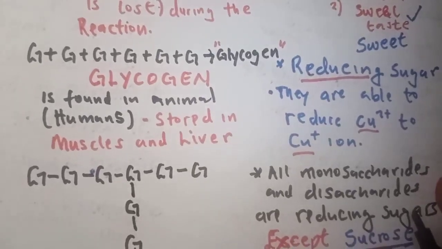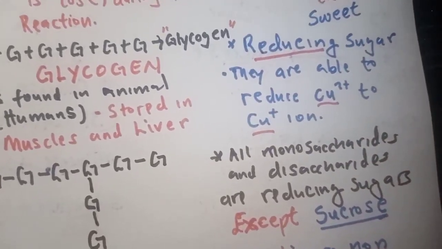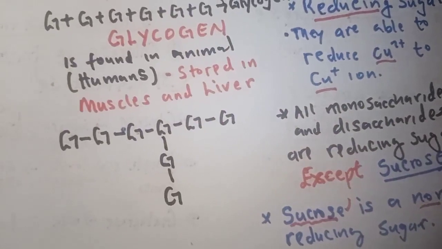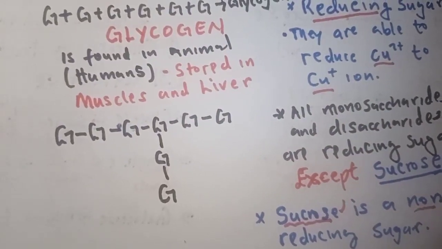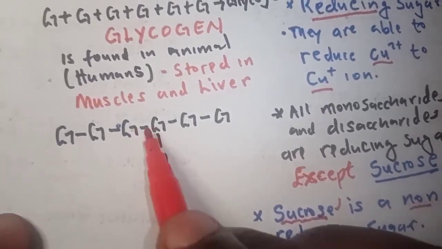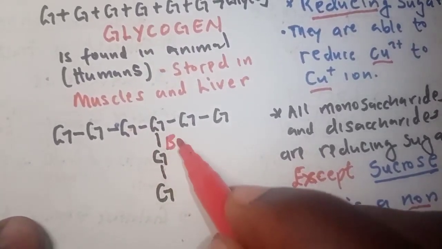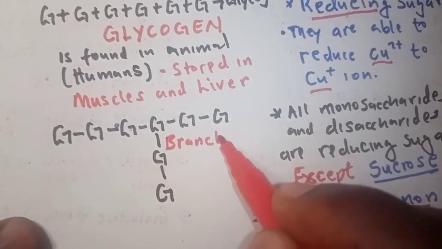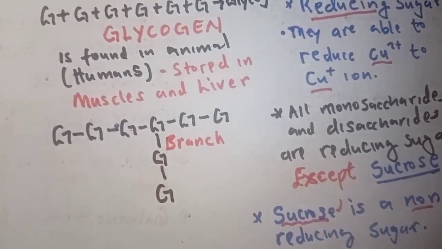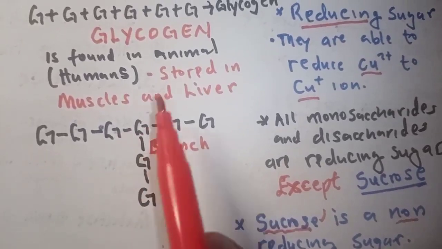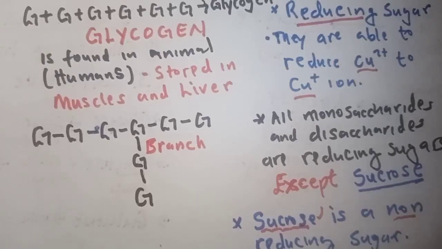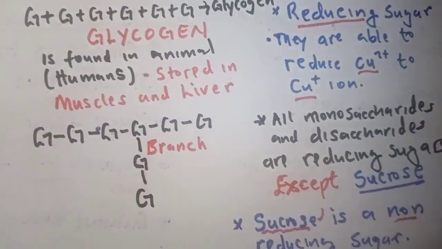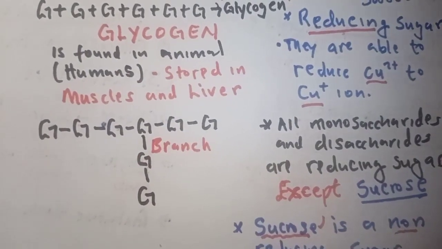It has branched here. So that is how you can recognize that this is glycogen. It forms branches.